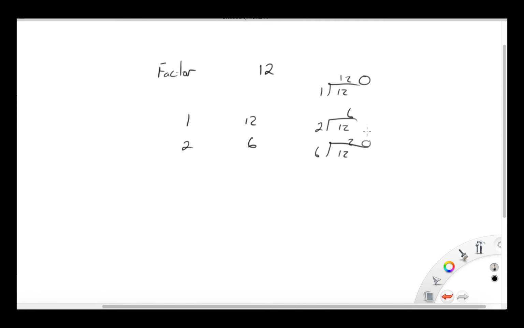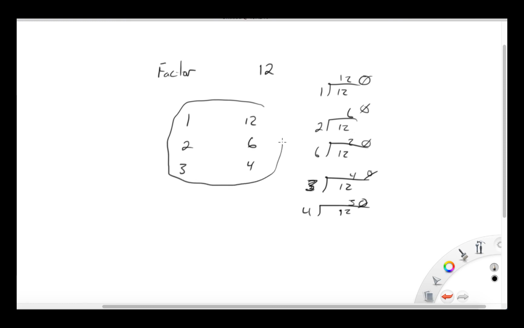So again, no remainders on any of these, so these both work. And then we have one more. We have 3 and 4. So 3 divided into 12 is 4, and 4 divided into 12 is 3. No remainder. So this group right here all equal 12.